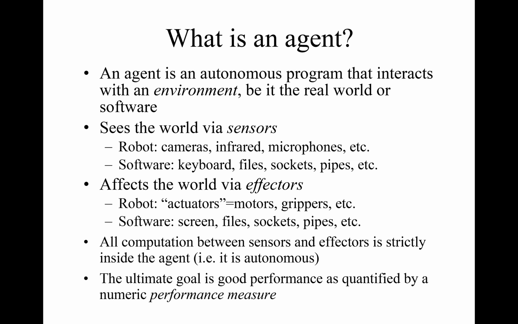Now, agents are supposed to be an engineering concept. So part of this is that we assume there is some kind of performance measure, a number that's available that we can use to say this AI comes up to this level, this one's a little better, this one's a little worse.